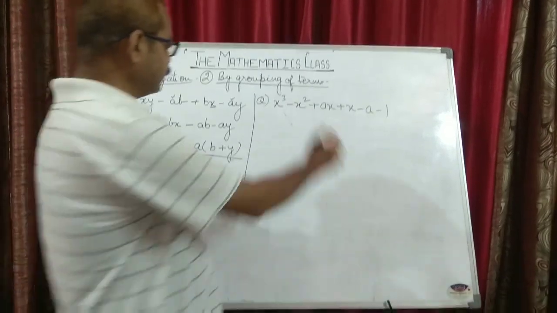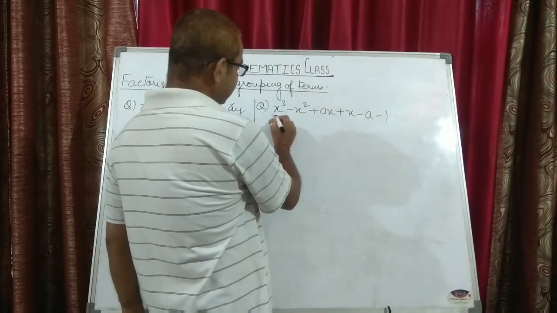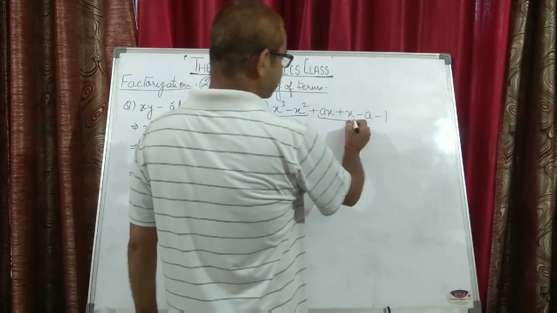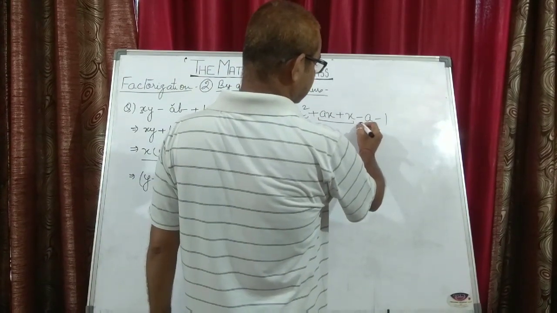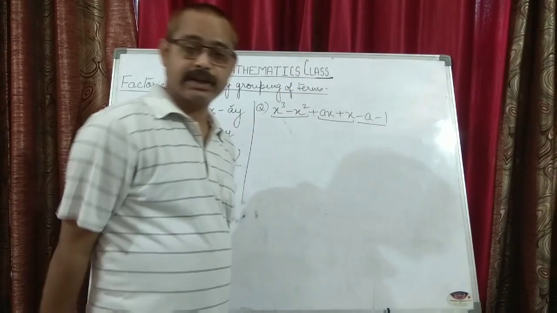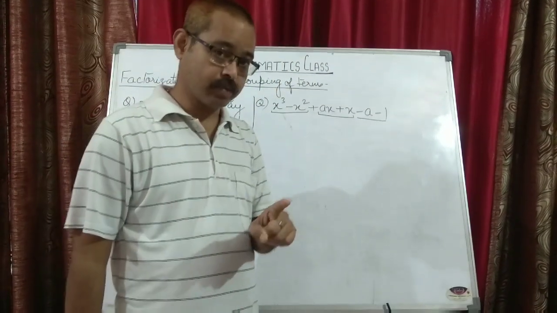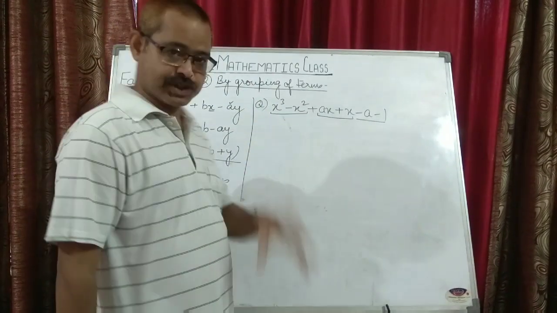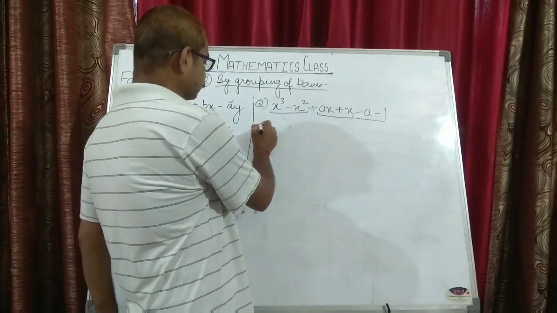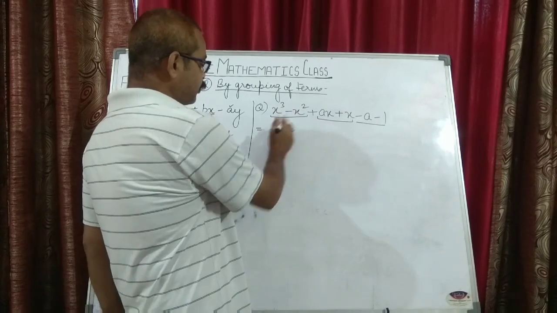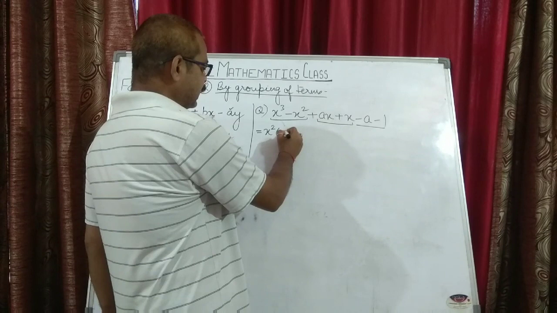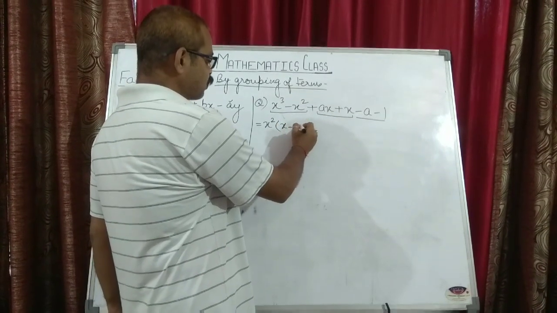In these two, we can take x square common. In these two we can take x common, and in these two we can take 1 common, minus 1 or something like that. Let's see. In these two, if you take x square common, you will be left with x - 1.